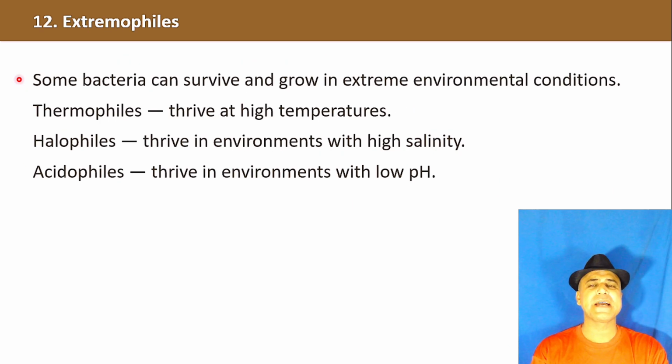Some bacteria can survive and grow in extreme environmental conditions. Thermophiles can thrive at high temperatures. Halophiles can thrive in environments with high salinity. Acidophiles can thrive in environments with low pH.